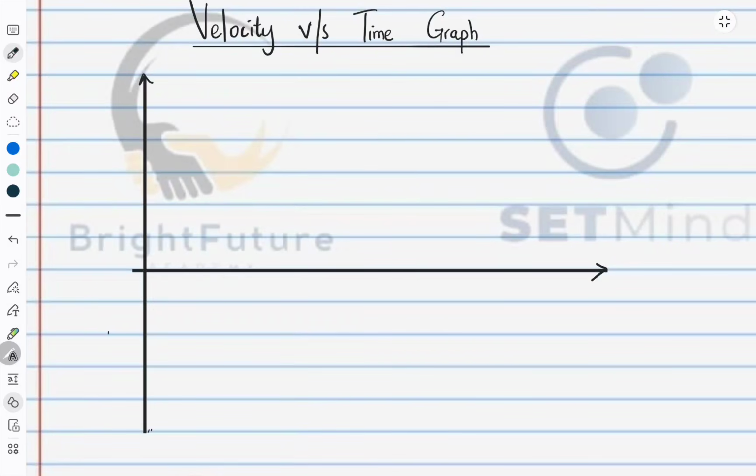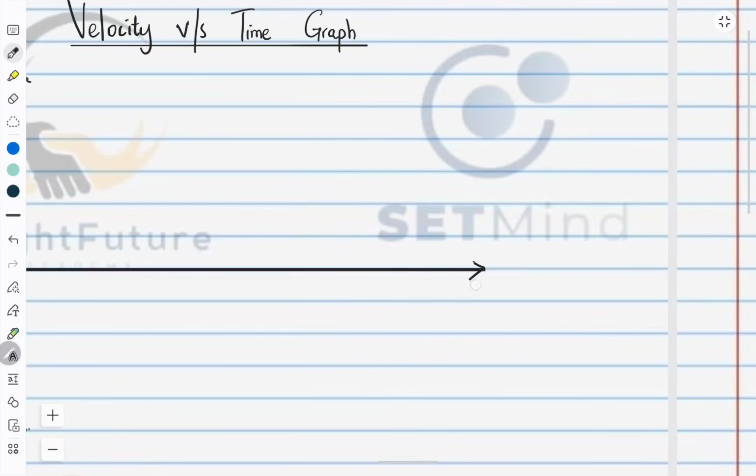All right, so we have those in our arrows there. Usually you write your velocity this side, v in meters per second, and then here you write your delta t in seconds.